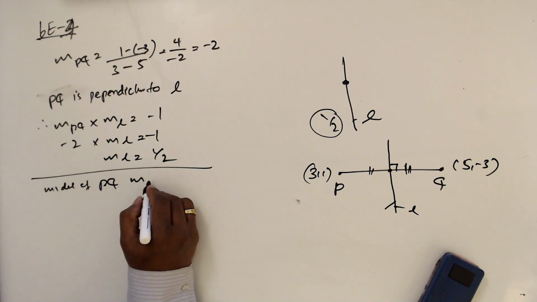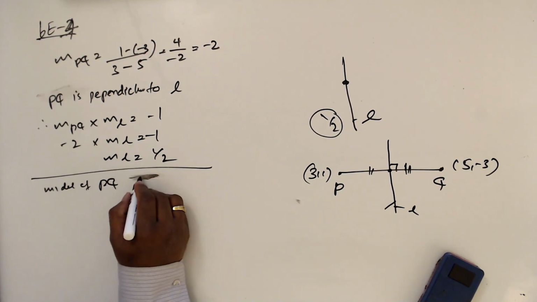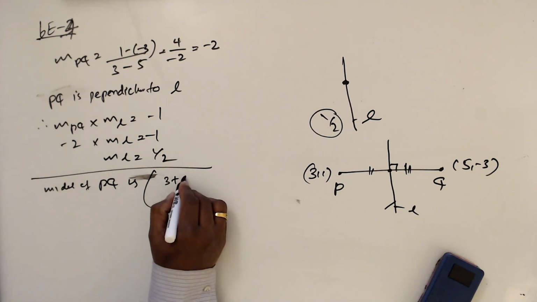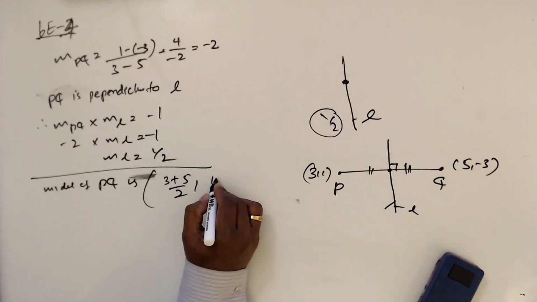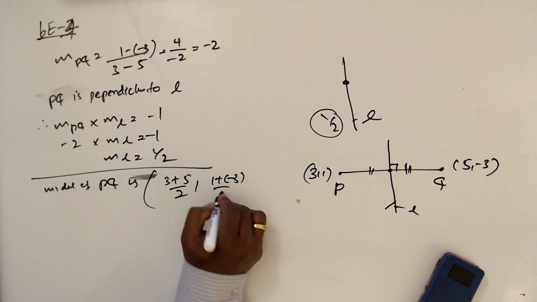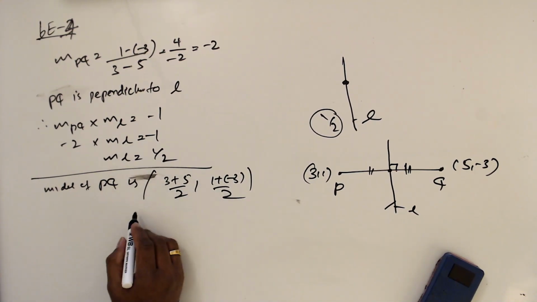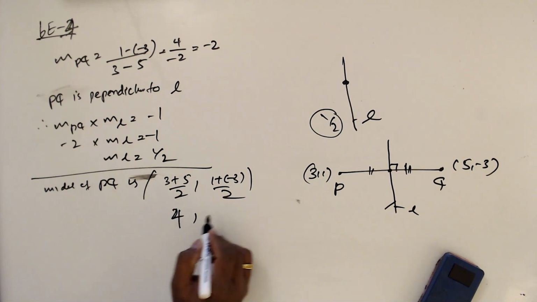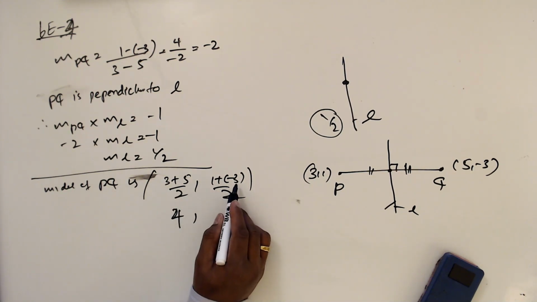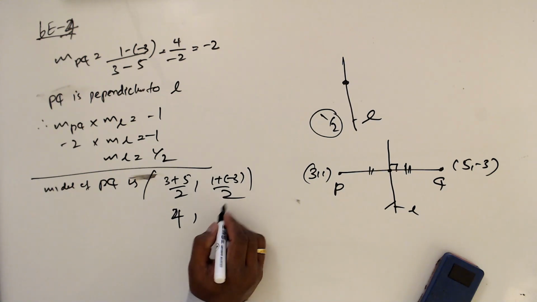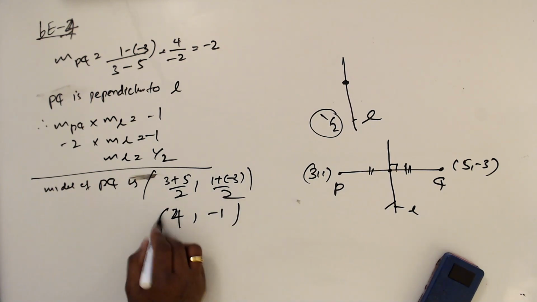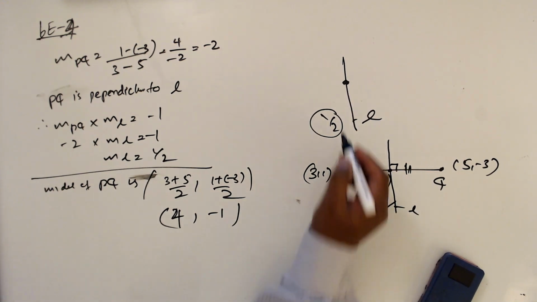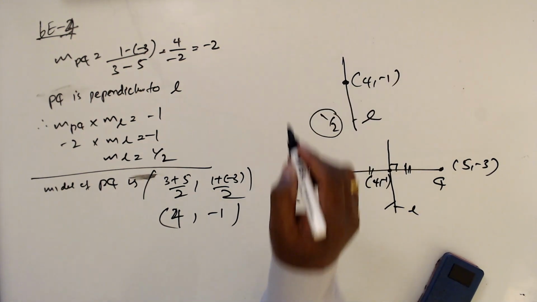The midpoint is ((x1 + x2)/2, (y1 + y2)/2). So this is going to be 8 divided by 2, which is 4, and -2 divided by 2, which is -1. So this point is going to be (4, -1).